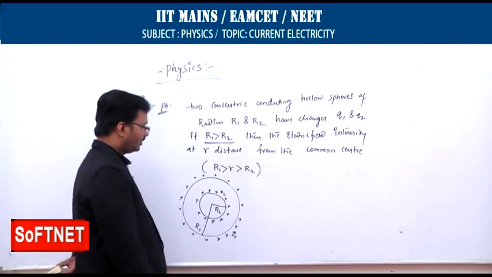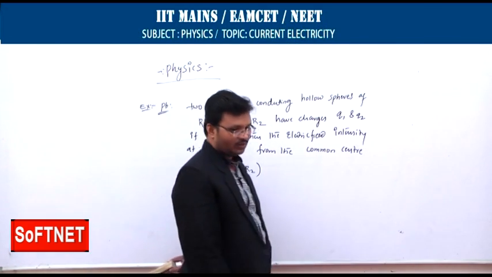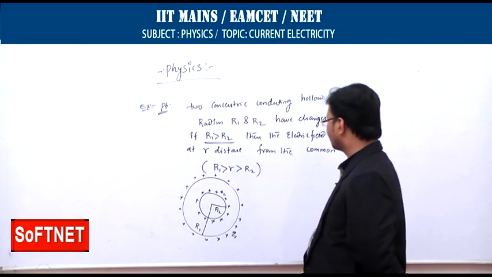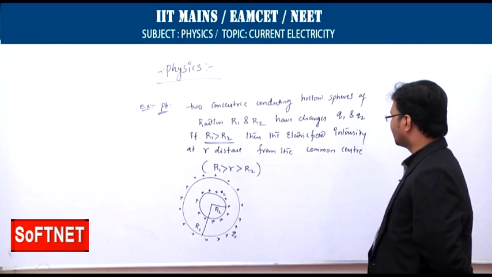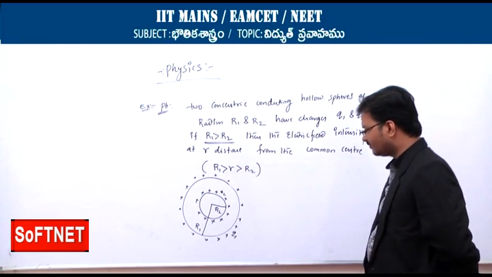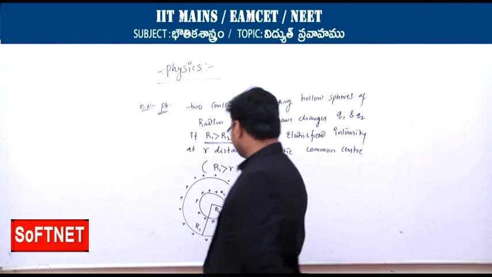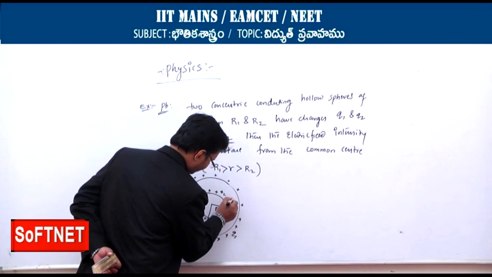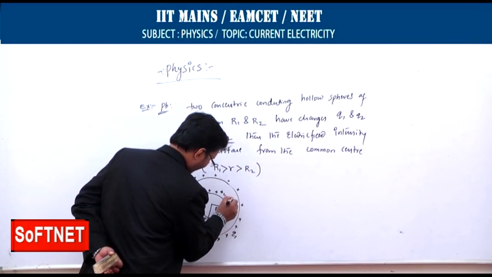This is given to Q2 charge. Now, where do we have to find the electric field intensity? At a smaller distance from the common center. At this point, how much distance is this?